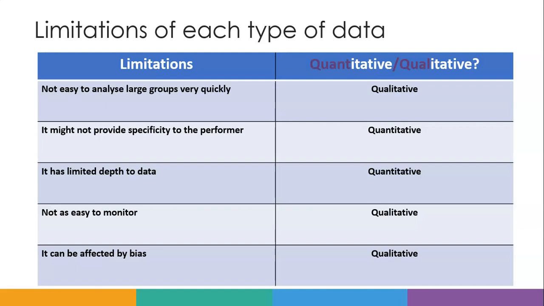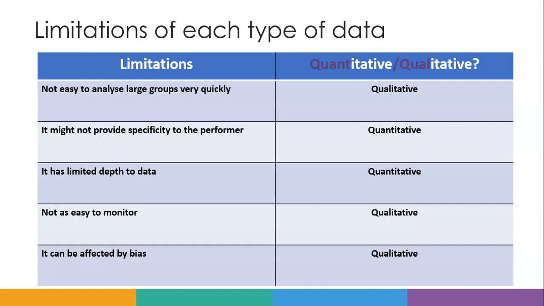So the next one is it has limited depth to the data. Again, it's quantitative data for the same reasons I've just mentioned before. It's not as easy to monitor. That's qualitative data. Again, if you're repeating a questionnaire maybe 3 weeks into a 6-week training program for a mental, emotional or social factor, it can often take a long time to read through the comments that you've made from one questionnaire to another and compare your progress at that point.